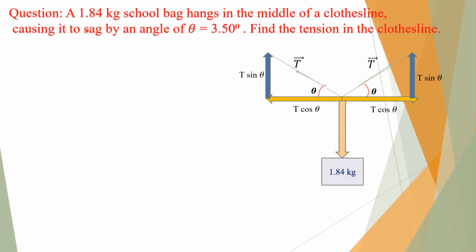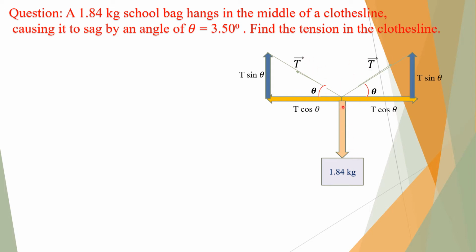Question. A 1.84 kg school bag hangs in the middle of a clothesline, causing it to sag by an angle of theta is equals to 3.50 degree. Find the tension in the clothesline. Here we have a clothesline and weight of school bag is 1.84 kg, which is hanging from the middle of this clothesline.